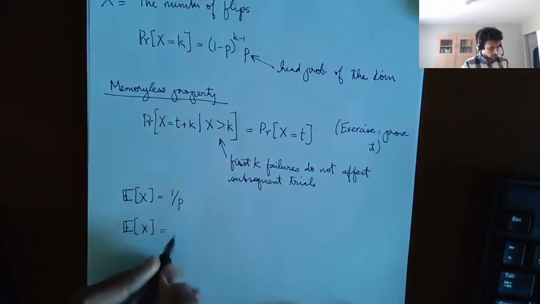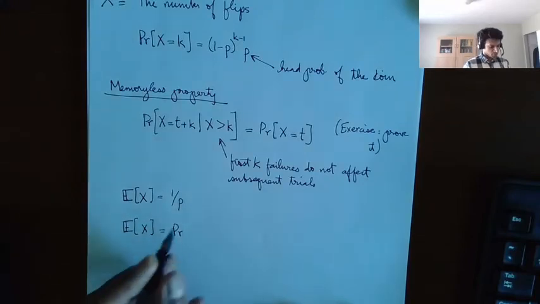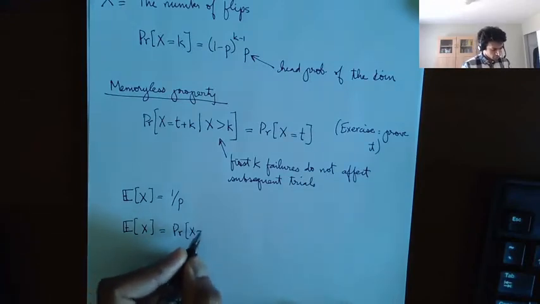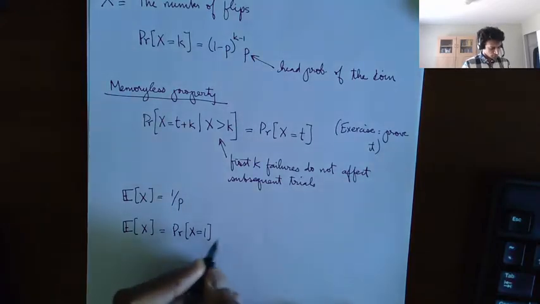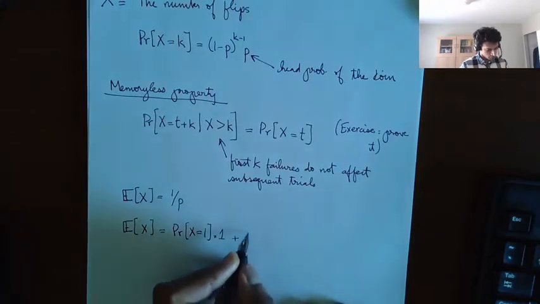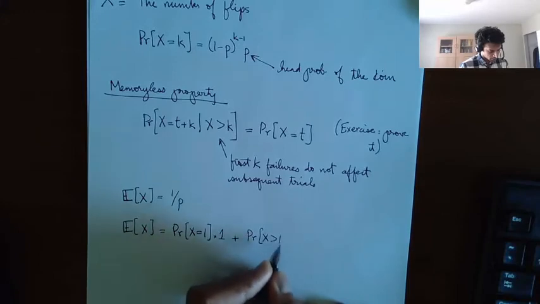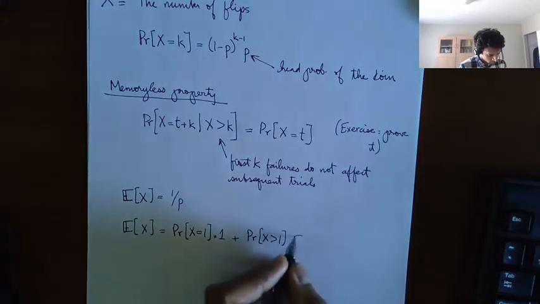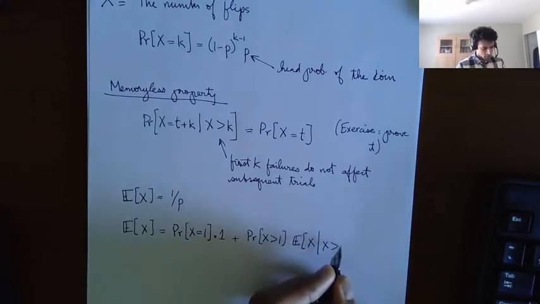Well, I can say it's the probability that X is equal to 1 times the value here, plus the probability that X is greater than 1 times the expectation of X conditioned on X being greater than 1.